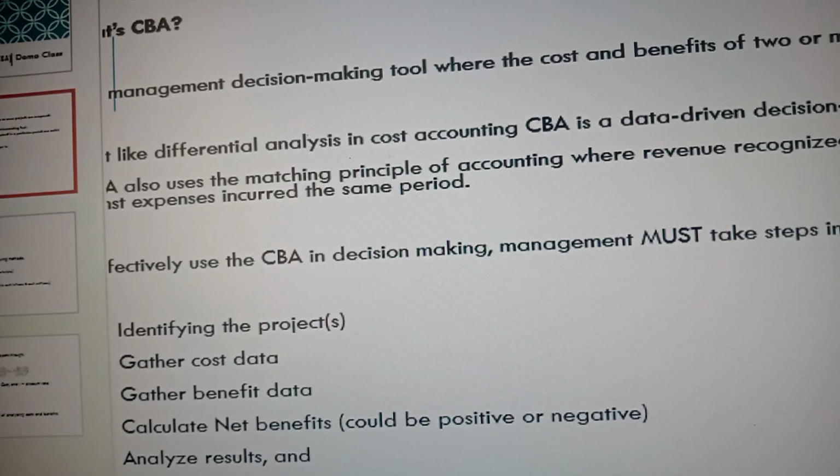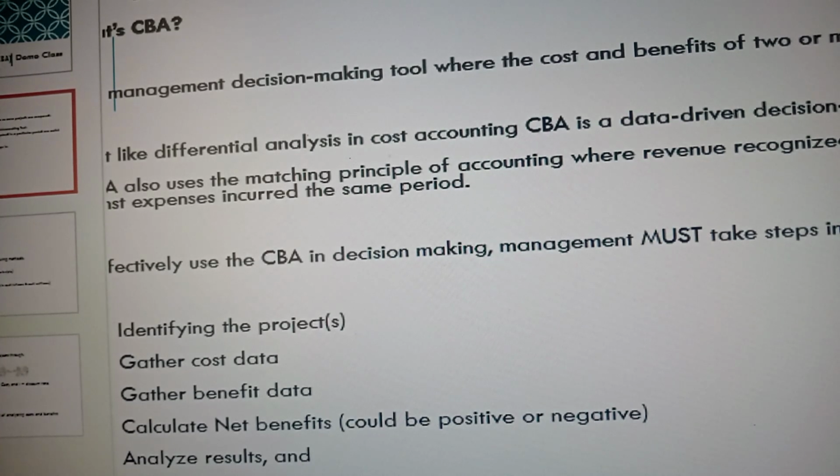Like I said, it is like a differential analysis, and it also uses the matching principle that matches revenue recognized in a particular period against expenses incurred in that same period. Managers effectively use CBA in decision making.